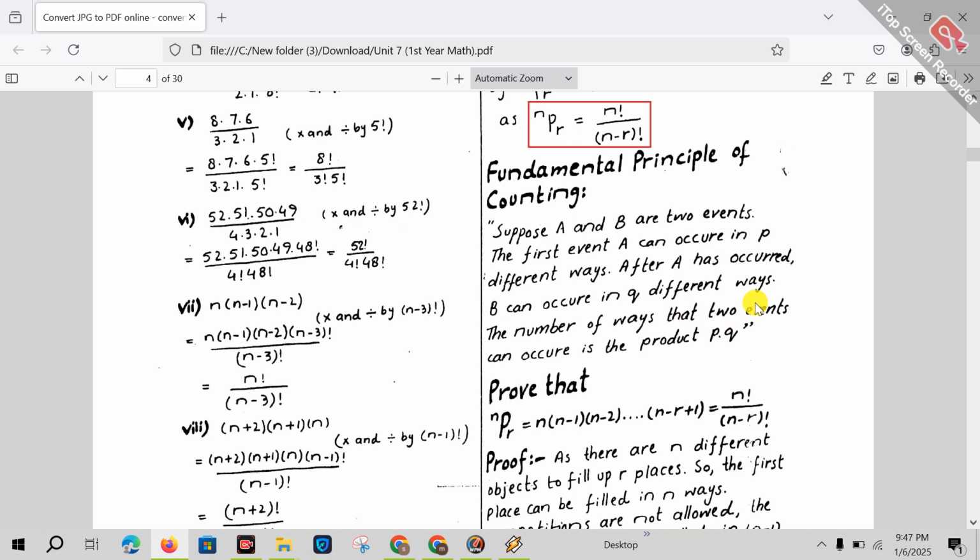The number of ways that the two events can occur is the product of p and q. This is the fundamental principle of counting.